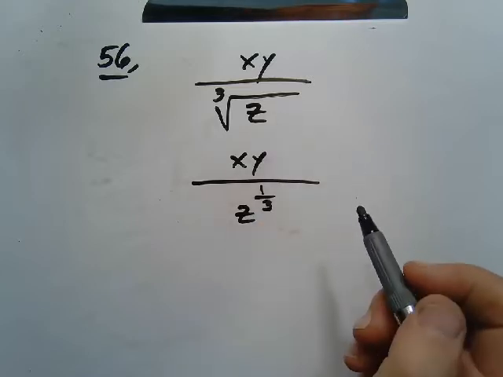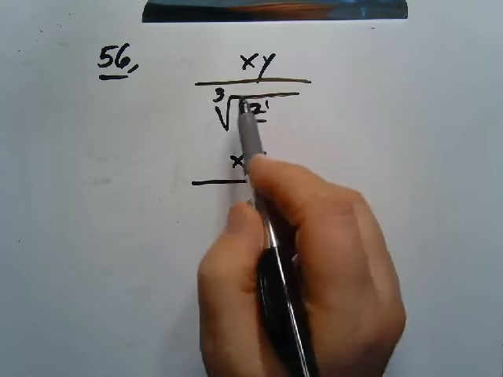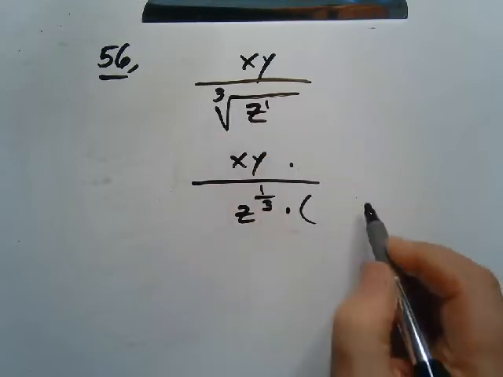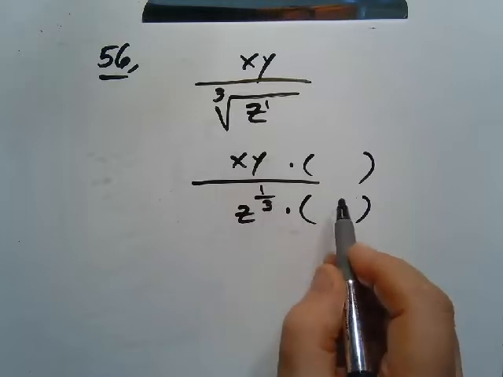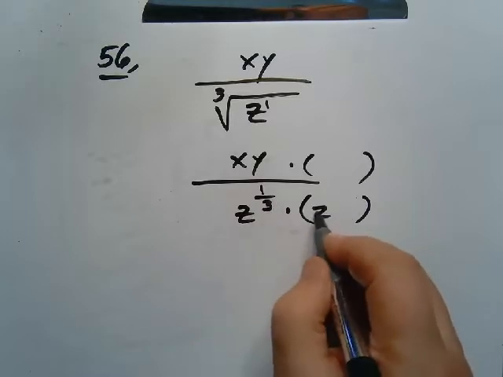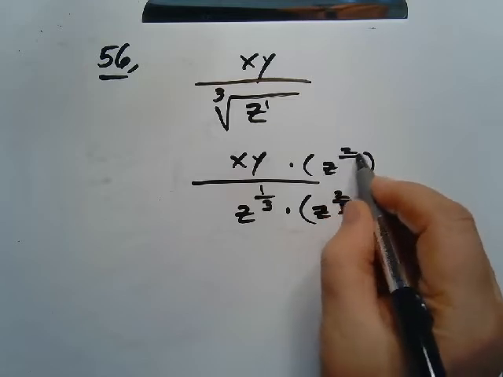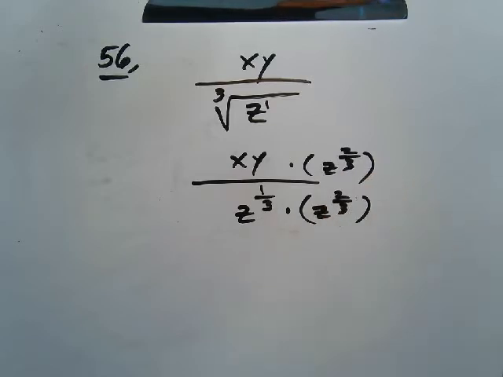Actually makes it easier to solve this problem. Z to the 1/3. So what would I multiply top and bottom by so that this denominator's exponent is a whole number? Well, that's going to have to be z to the 2/3, because 1/3 and 2/3 is 1, and that goes out.